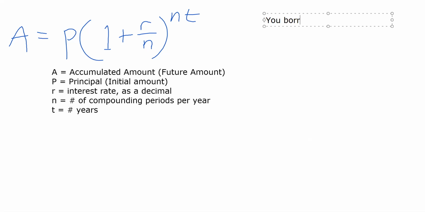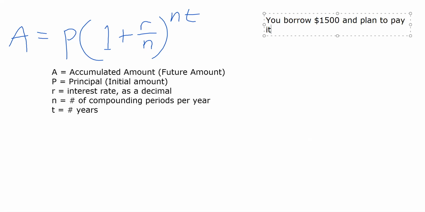So let's say you borrow $1,500 for whatever reason. It could be a personal loan. It could be to help you buy a car. You just had a little bit left from your savings you need to get the car you want. You borrow $1,500 and plan to pay it back in 3 years.